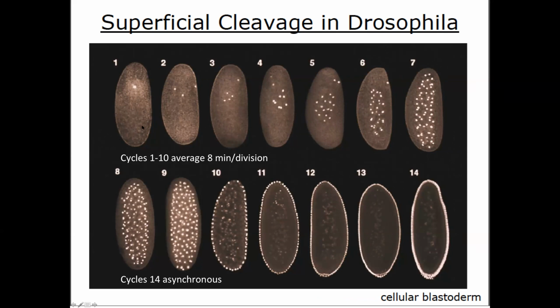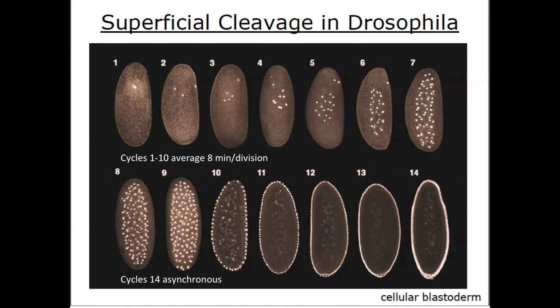While translation was going on minimally, translation of the maternal RNAs will now kick in more robustly. Now, this is quite different in Drosophila as opposed to the development that you might have seen in vertebrates.